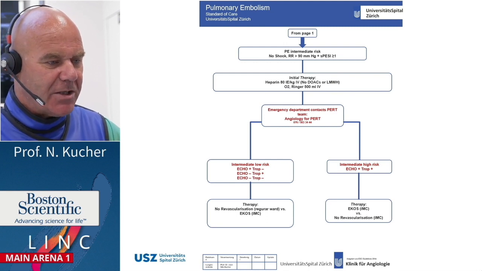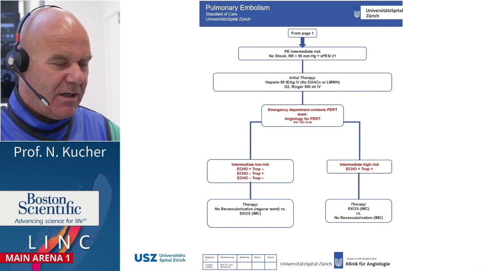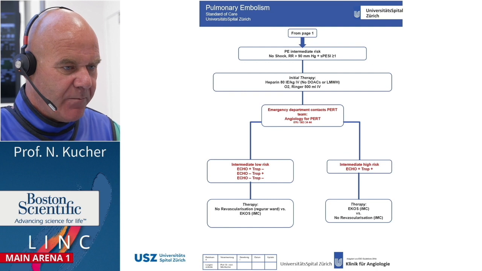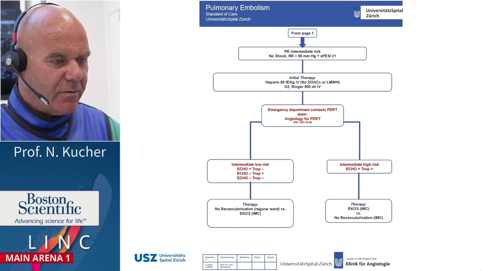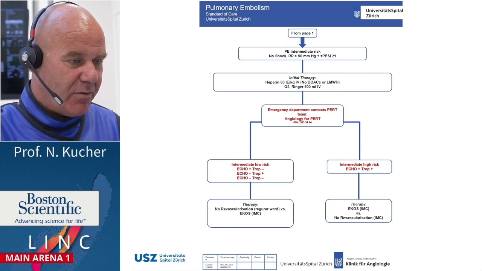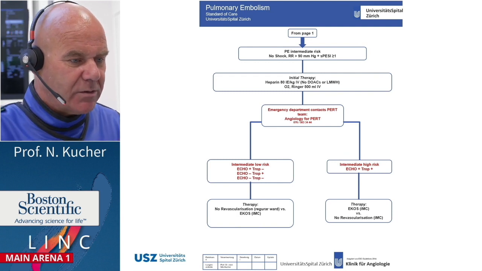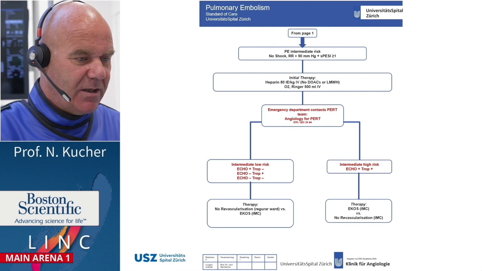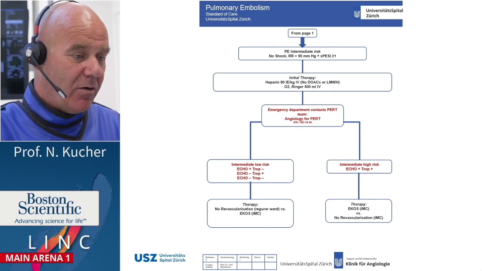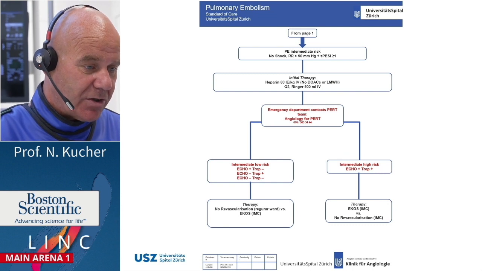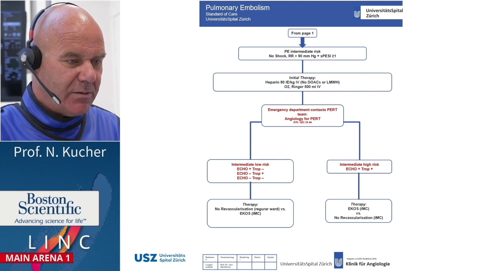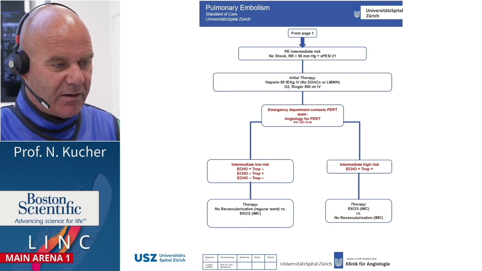In some patients, we may consider doing EKOS if there's a low risk of bleeding and patients are highly symptomatic. In the intermediate high-risk group, typically where both the echo is positive and the troponin test is positive, we perform in most cases, where the bleeding risk is not increased, an EKOS treatment. In some patients, we may also consider no revascularization at the beginning. All those patients go at least to the intermediate care unit for the first 24 hours.